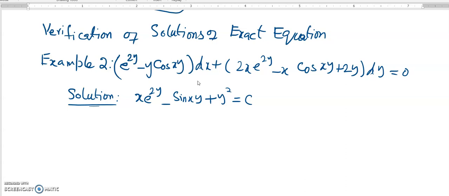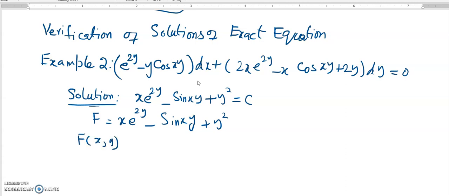So for this, we can use the partial derivative method. If we take this as the solution function, f = x e^(2y) - sin xy + y^2, then for a function in two variables, we can write its differential as df = (∂f/∂x) dx + (∂f/∂y) dy.